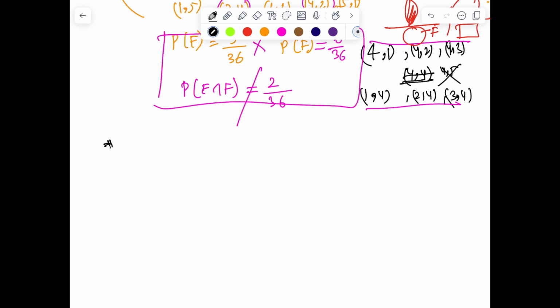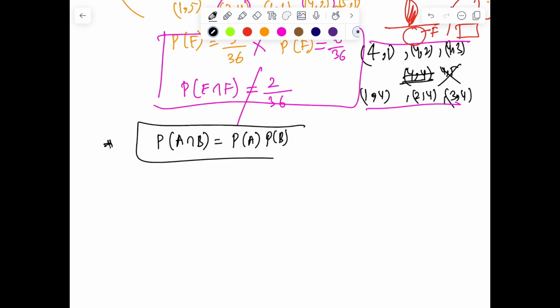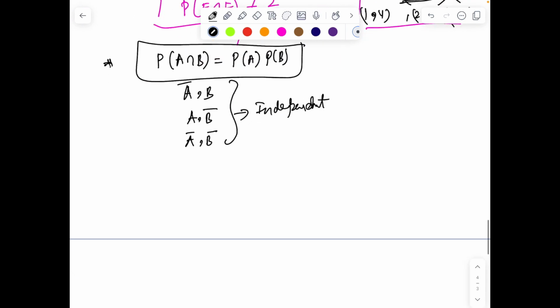Now a small theorem is there which you can prove by yourself. If events A and B are independent, which means P(A intersection B) is P(A) into P(B), then you can show events A bar B, A B bar, and A bar B bar will also be independent. It's not difficult to show. What is P of A bar intersection B?